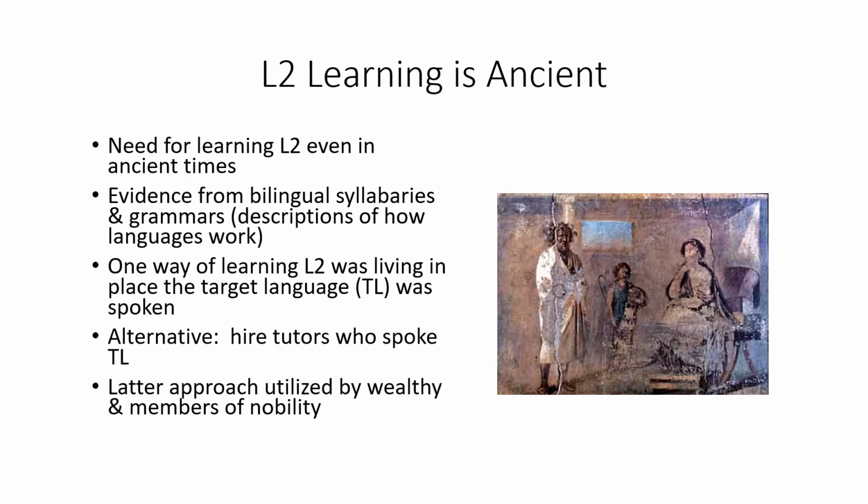We know that second language learning has its roots in very ancient times, that from earliest civilization it became necessary for people to learn to communicate with those who spoke different languages. This was necessary for international trade. And we have a great deal of archaeological evidence about how second language learning was accomplished, primarily through bilingual syllabaries.